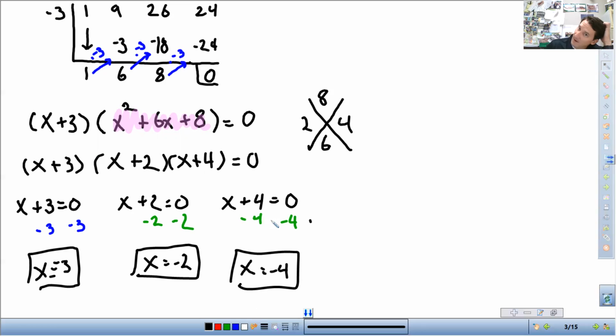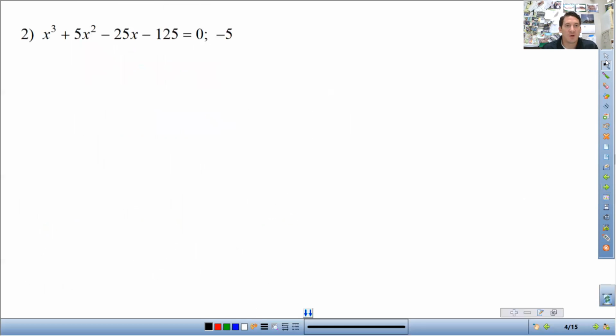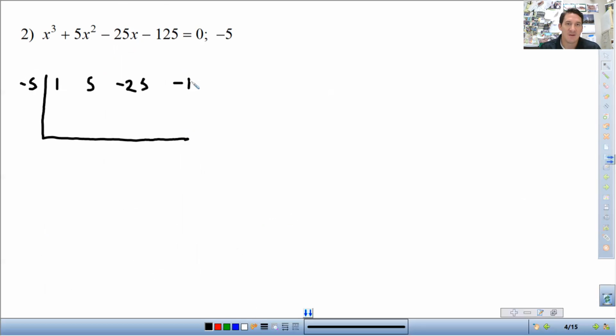All right. So let's look at another example. Again, the factor is given to us. We are going to divide that polynomial by x plus 5, because we're going to use -5 out here. So it's 1, 5, -25, -125.